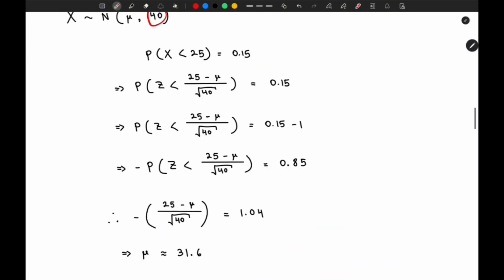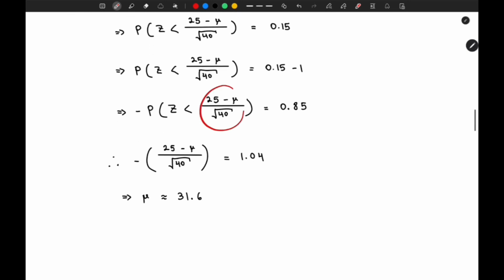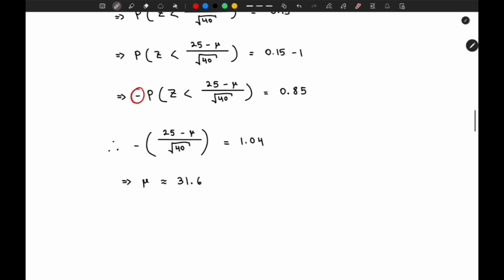So now you can finally say that this value is equal to 1.04. But there is a twist: since there's a negative sign at the front, you need to keep a negative sign at the front of the value of z. So now you can just solve the equation as usual.